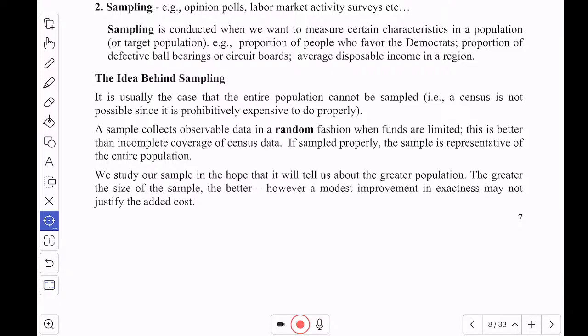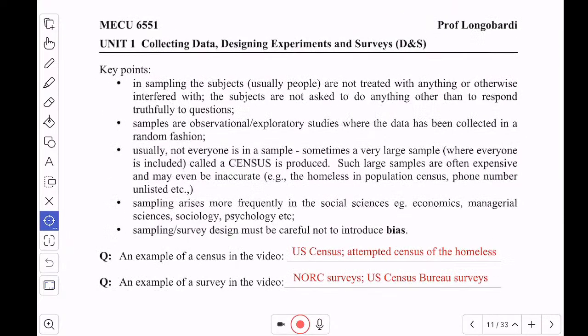So that will create bias. At any rate, it's easier to just focus on a smaller set and collect it very well.